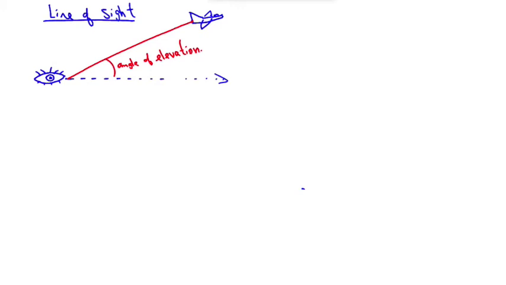If you're looking at a bug on the ground, a little ant, like a little body with legs, you look down at the object, and this would be called the angle of depression. I knew it. I didn't want to say depression. I thought it was wrong.